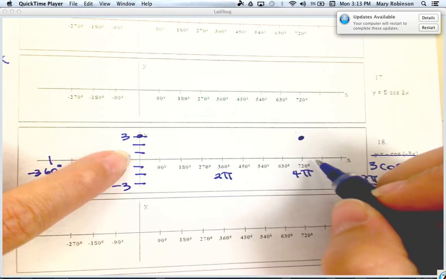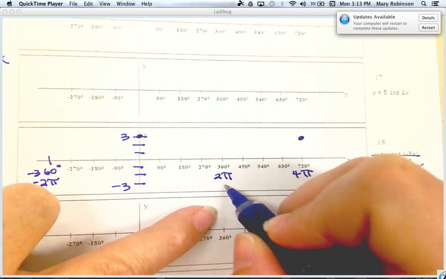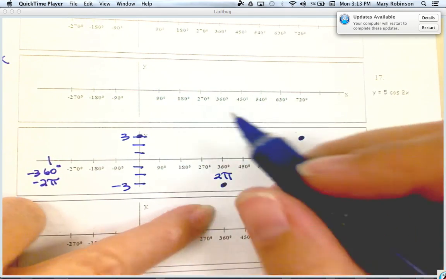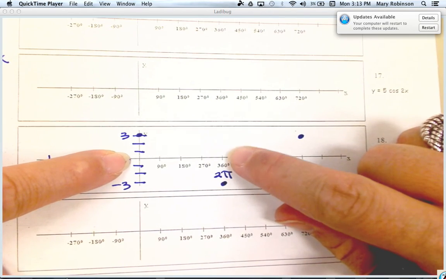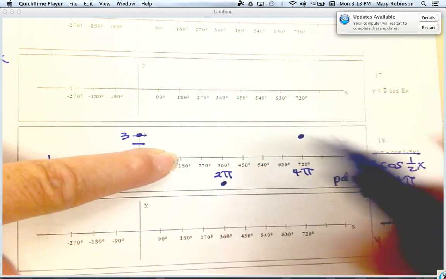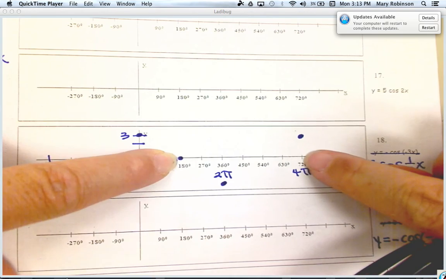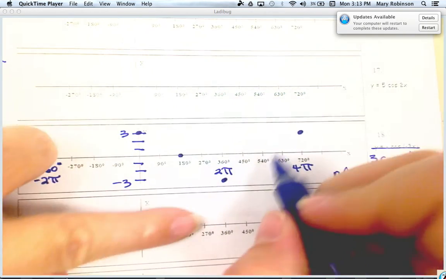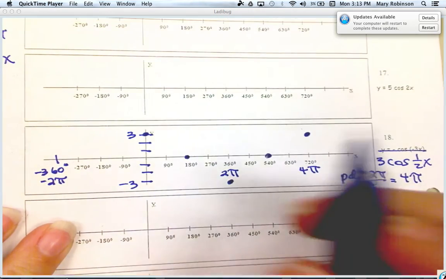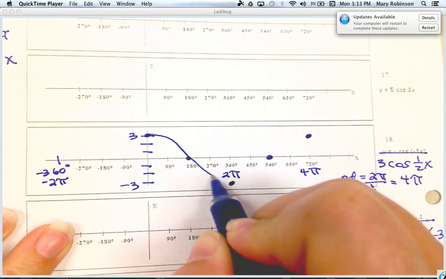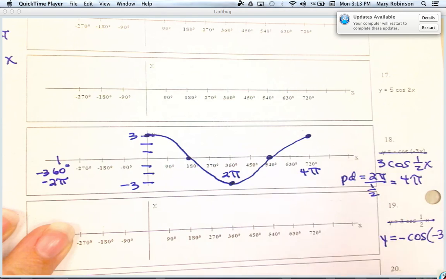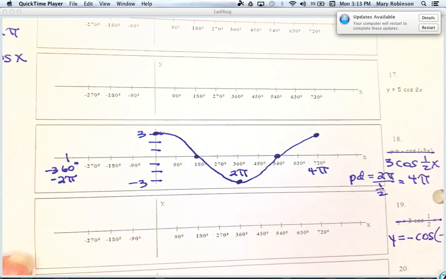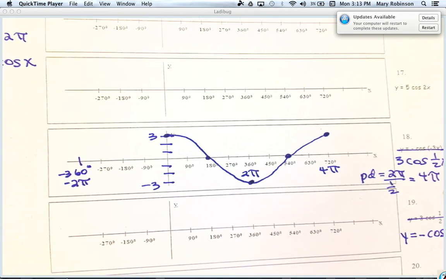Halfway between the beginning and end is at 2 pi, and we go down to our min. Halfway from the beginning to 2 pi is our x-intercept, and halfway between that and the end mark right here is also an x-intercept. So this would be one period of 3 cosine 1/2 x.